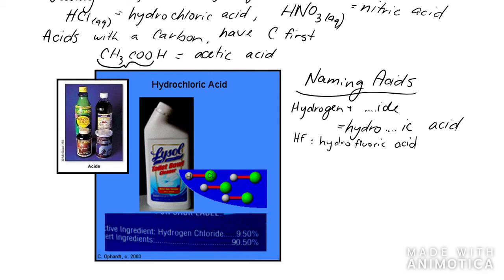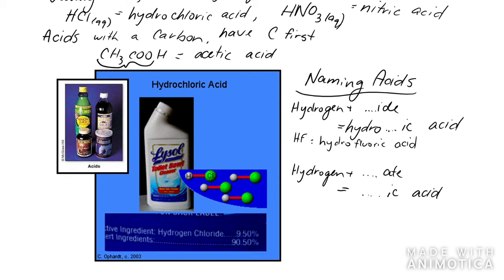Another naming is when you have hydrogen and then something that ends in "ate." So this would be like the acetate, or this could be phosphate, carbonate. And what you're going to do is have the name, but change the ending to "ic" and acid.